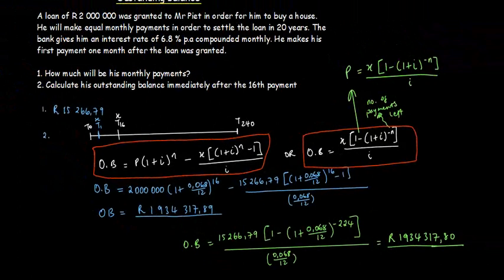The interest is compounded monthly. So here we need to put how many months or how many payments there are or that have already been made. You understand me? If you multiply that by 12, it means you are saying that when you calculate the outstanding balance after 16 years, you immediately multiply that by 12.